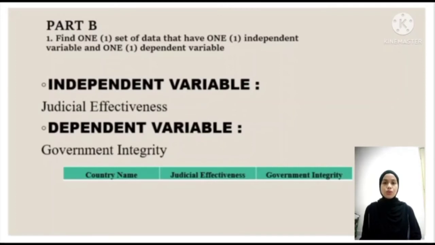The data shows judicial effectiveness and government integrity by country. There are 3 columns: the country, the effectiveness of judicial, and the integrity of the government, according to 50 countries. The effectiveness of judicial is the independent variable, X, while the government integrity is the dependent variable, Y.